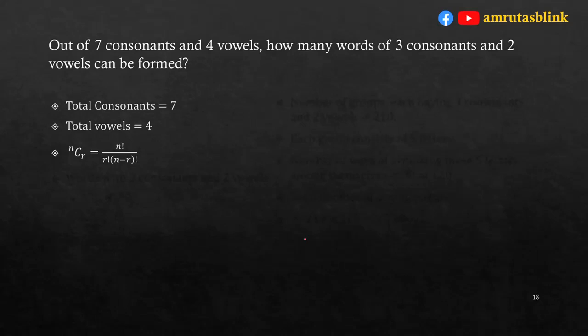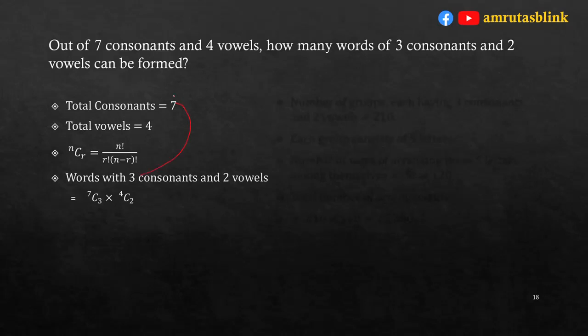Now what we need to create is a word with 3 consonants and 2 vowels. Now these 3 consonants can be selected from these 7 consonants in 7C3 ways, plus these 2 vowels can be selected from these 4 vowels, that is in 4C2 ways.